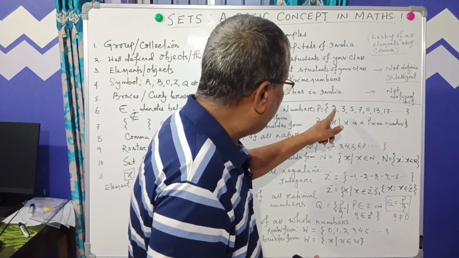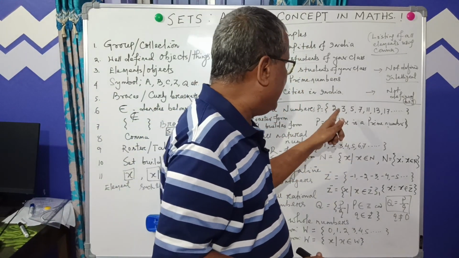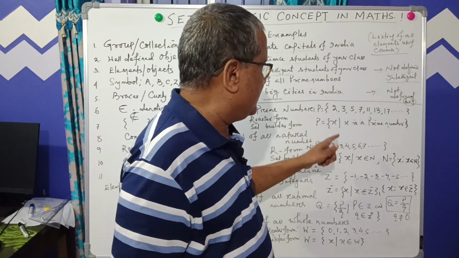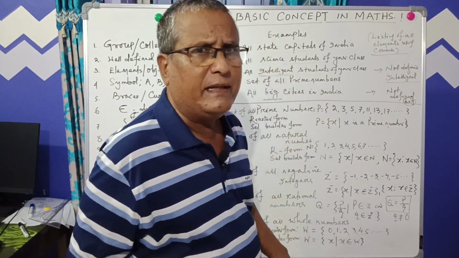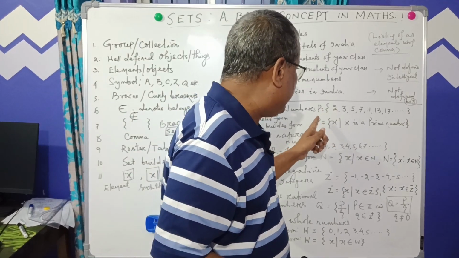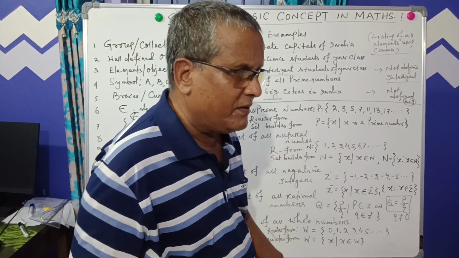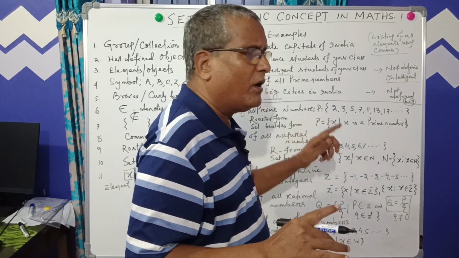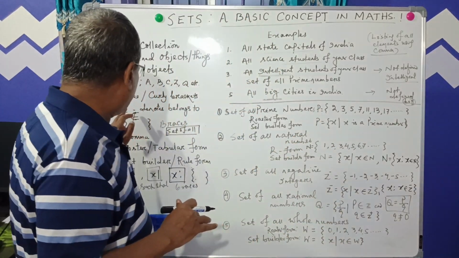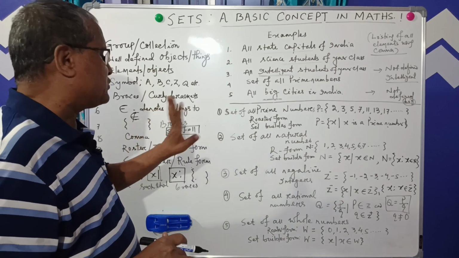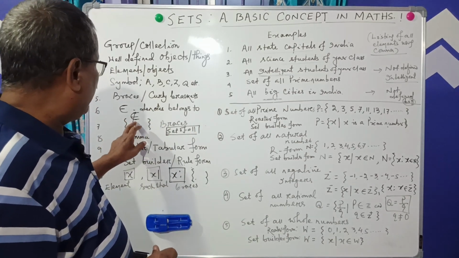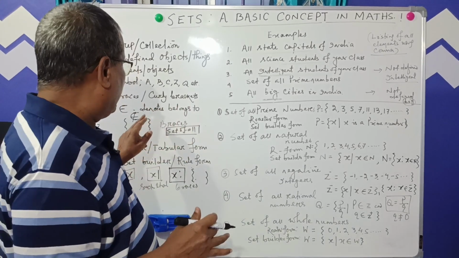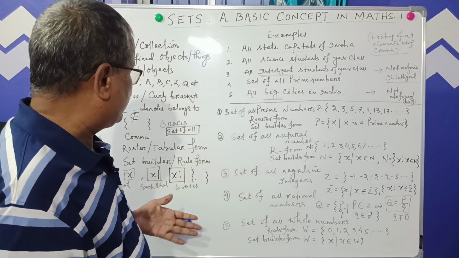Suppose here you see 2 is an element of set P. Now, capital P. So 2 belongs to P. That means 2 is an element of set P. So 3 belongs to P. 3 is an element of P, or object of P. So this symbol denotes belongs to, and this symbol implies doesn't belong to. Okay? Not belongs to, or doesn't belong to, as you say.